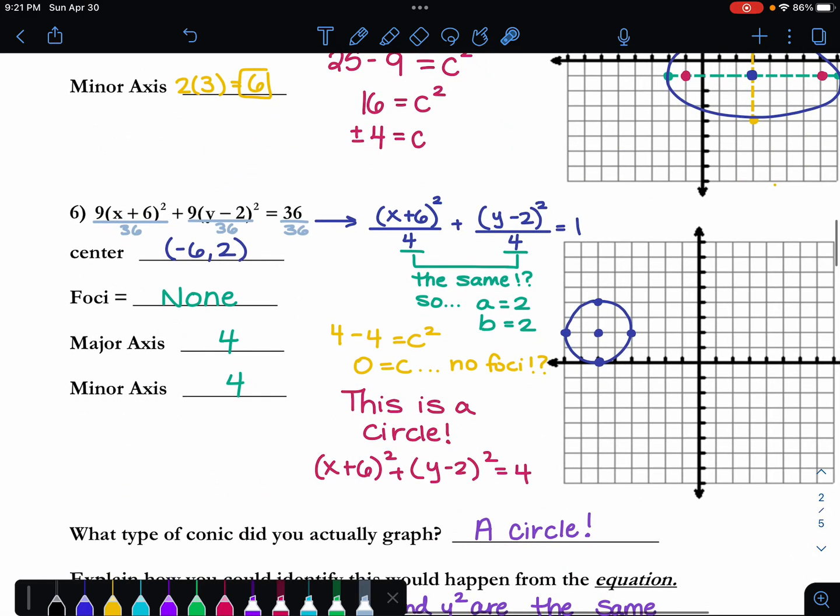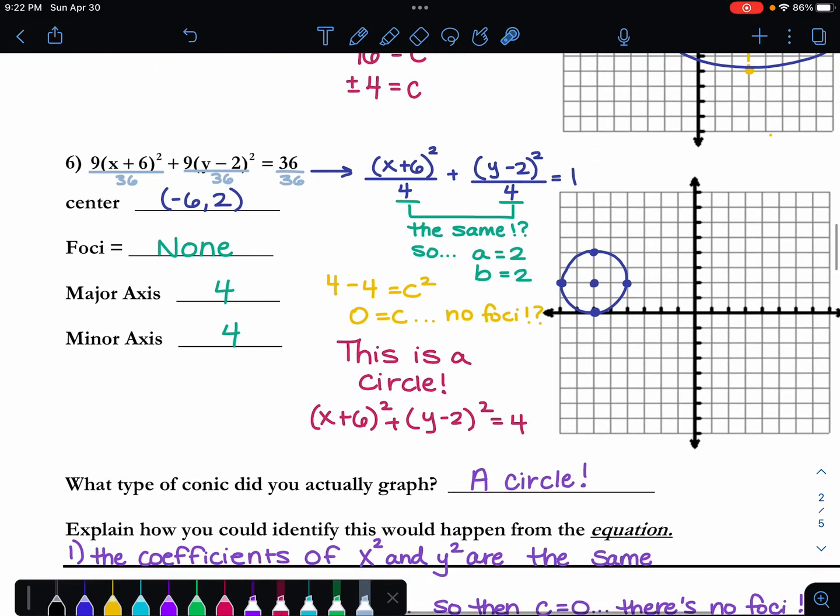Now, hopefully what you saw with number 6 is that when we divided everything by 36, these two coefficients were the same. So when we simplified, both a and b are the same. We don't have two different radii, we have the same radius in all directions. When these denominators are the same, this is actually a circle.